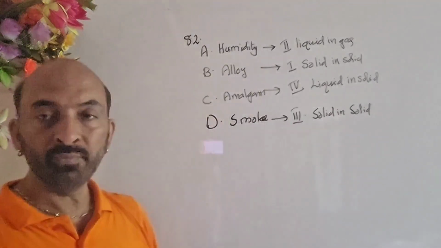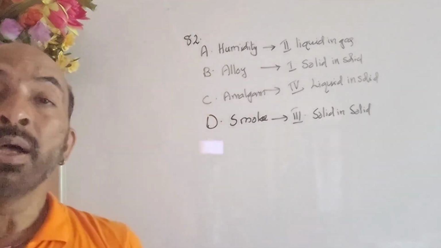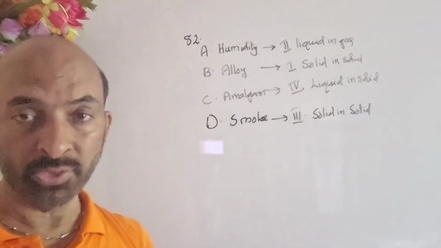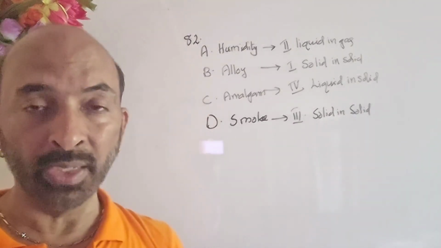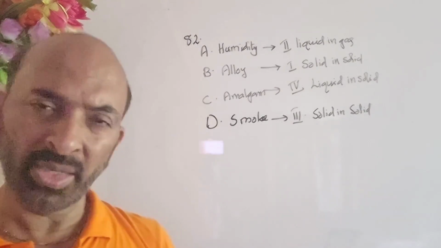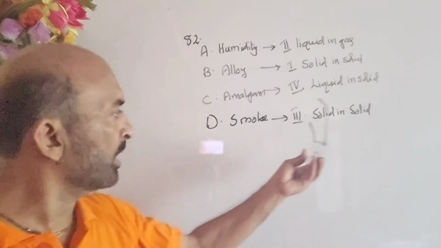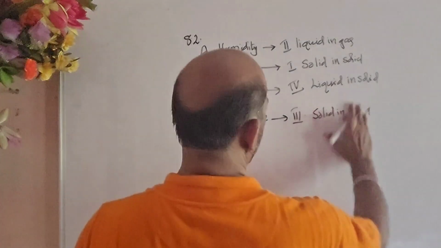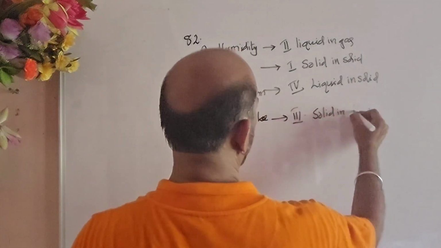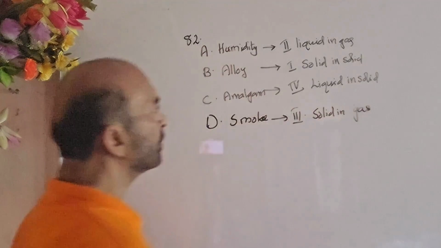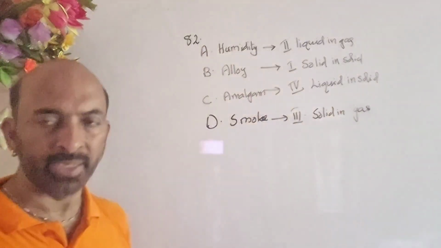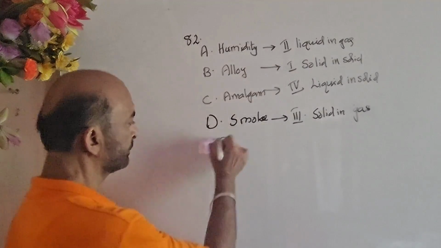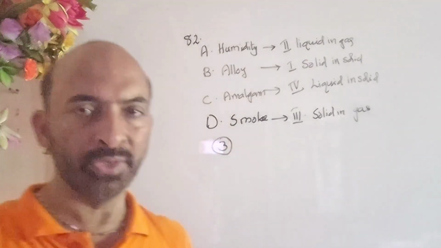And smoke, we know, is solid carbon particles in air or carbon dioxide, whatever it is. So smoke is solid in gas, isn't it? So 2, 1, 4, 3, such a combination option is given. 3 is the answer here. Answer is 3 here. Okay.